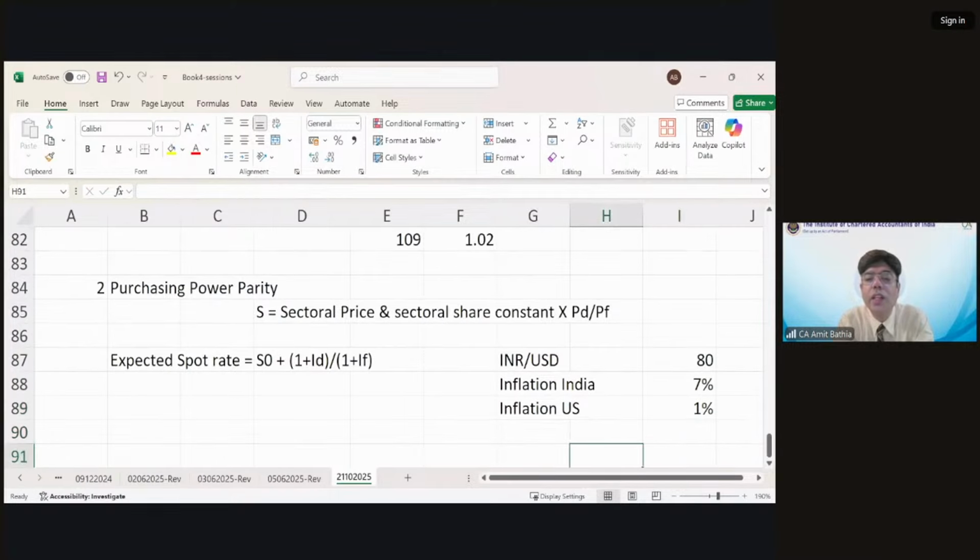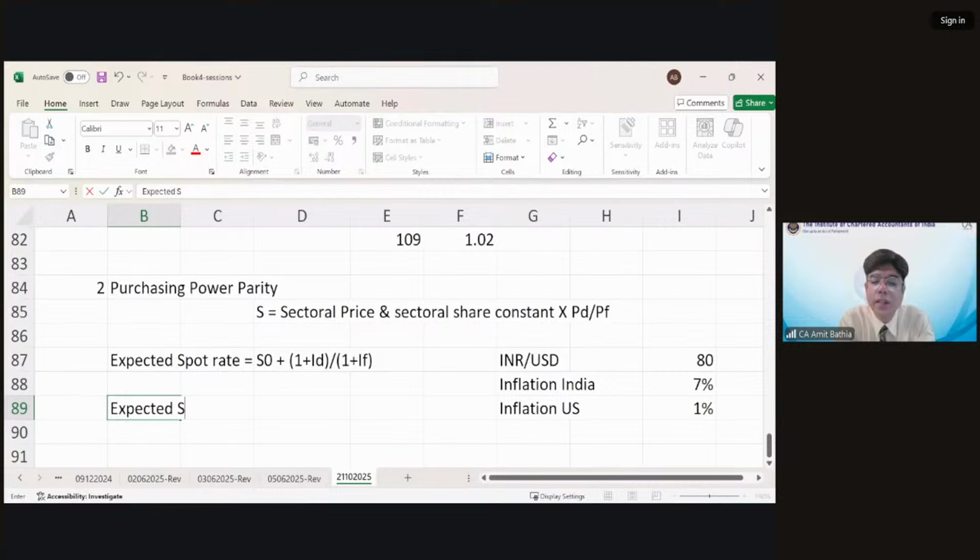So how will this give me the expected spot rate? Current, remember, it is 80. So what is my expected spot rate, S1?